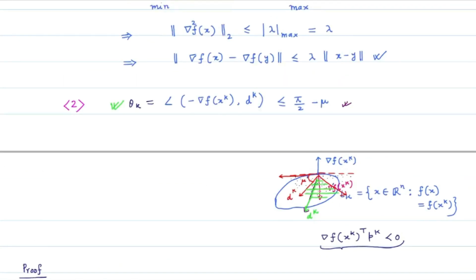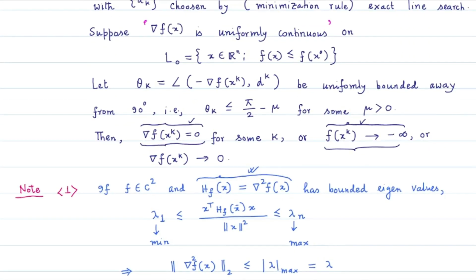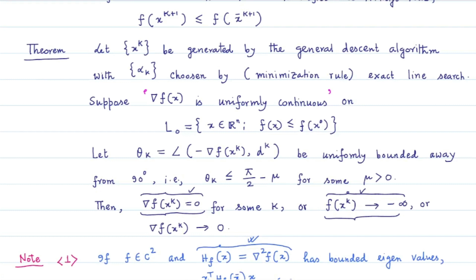Now we see that this sequence xk as generated by a descent algorithm is always lying inside this level set L0, and hence the sequence f(xk) is a monotonically decreasing sequence and bounded below by the lower bound f(x0).